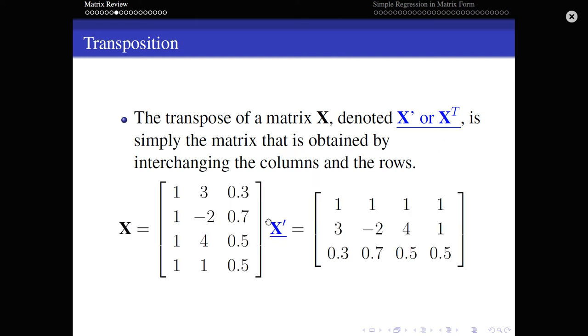So what we end up doing is we take the matrix form, and all of the columns become the rows. So this first column of all ones becomes the first row of all ones. The second column, 3, -2, 4, 1, becomes the second row, 3, -2, 4, 1. The third column, 0.3, 0.7, 0.5, 0.5, becomes the third row, 0.3, 0.7, 0.5, 0.5.